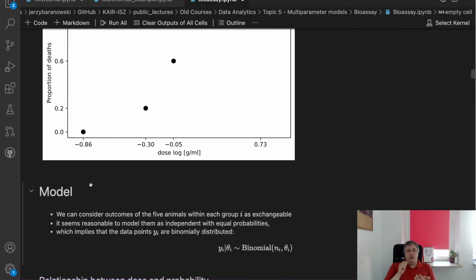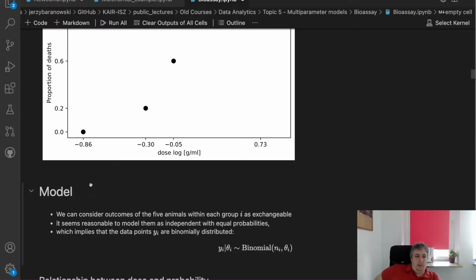So generally, we can formulate some assumptions, and this is something which will also be a part of your model. First of all, we can assume that outcomes of 5 animals within each group are exchangeable. That is, when we have one group of rats which were given the sample, it is irrelevant which rat was which. So we assume that all those rats within the same experiment were, in practical terms, indistinguishable from each other.